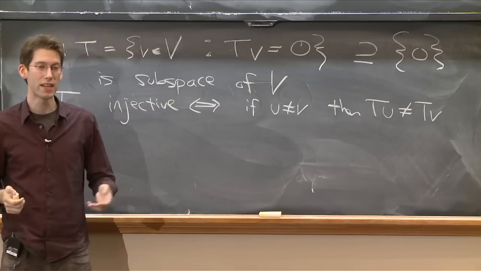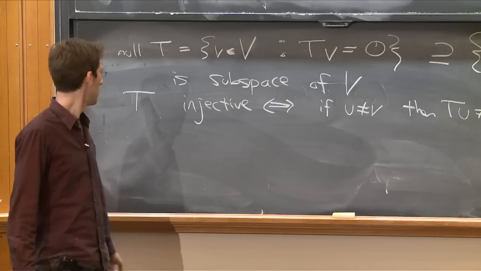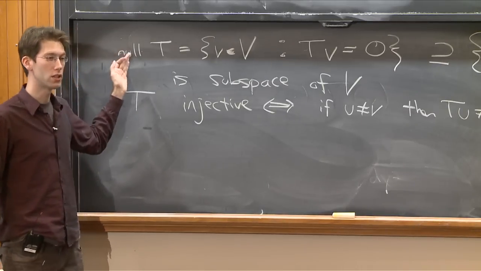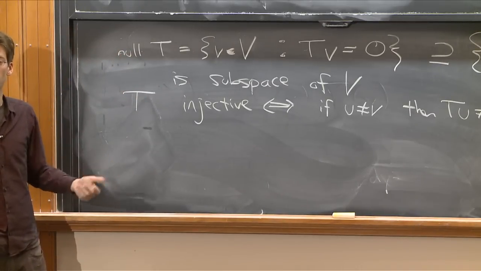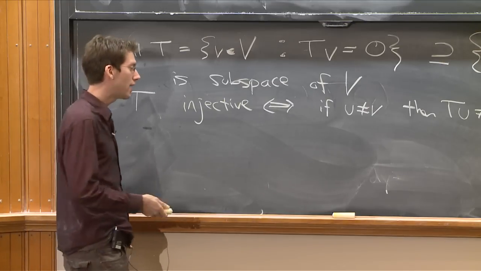So this property that t maps distinct vectors to distinct vectors turns out to be equivalent to the null space being only the 0 vector. So why is that?